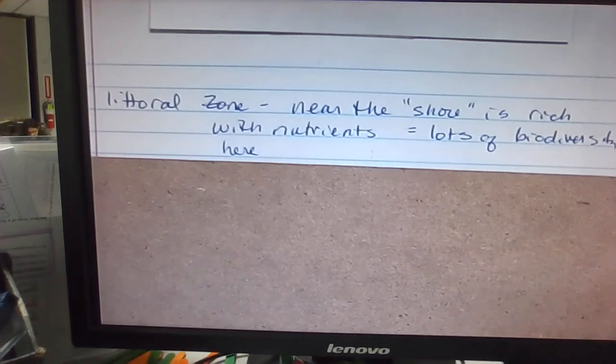It's rich with nutrients. And so that means there's lots of biodiversity there. Yes, littoral zone, near the shore, the banks, if you will, of the lake, the pond. And it's rich with nutrients. There's lots of biodiversity in that area.